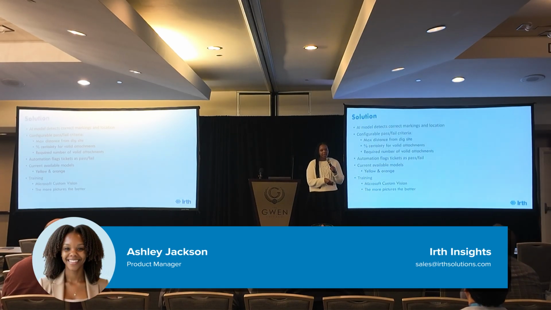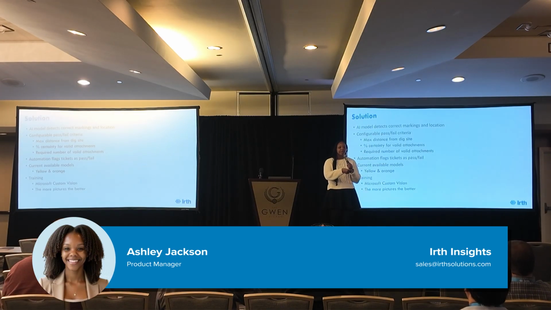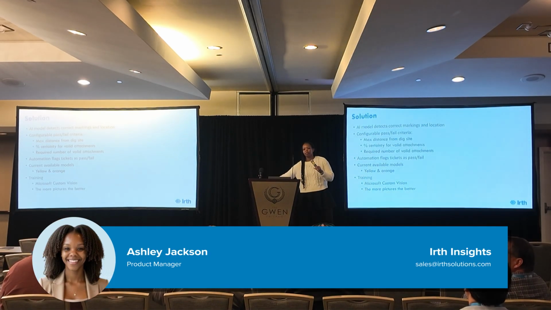If it doesn't meet that valid attachment threshold, it will fail. The idea there being that even if it is attached, it won't actually be considered successful and meet the criteria to move forward. Dave, are you looking at it from a pure location standpoint, that the picture is not where the locate is? That's correct. Yeah. There are other methods beyond photo AI that can also detect that and keep it from happening.